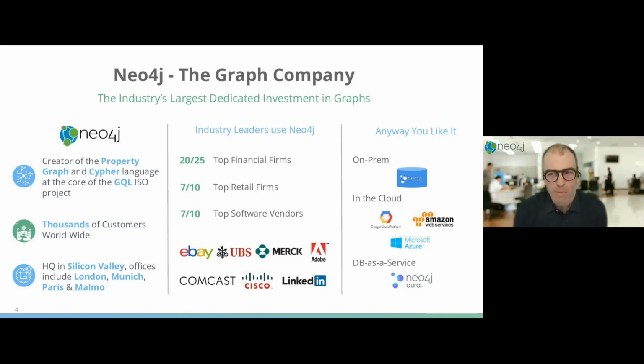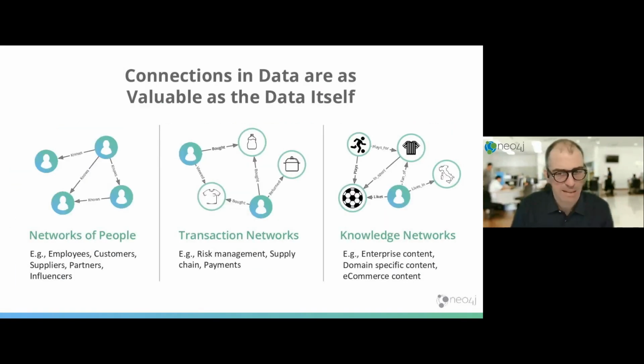We've created a query language to better deal with this data structure, Cypher, now being standardized as GQL. And we've got the experience of literally thousands of users and customers that have been working with us to show the world what you can do with graphs. Lots of big organizations, but also lots of smaller organizations use Neo4j, either on-prem or in the cloud, wherever you want to use it. It's really been adopted quite widely these days.